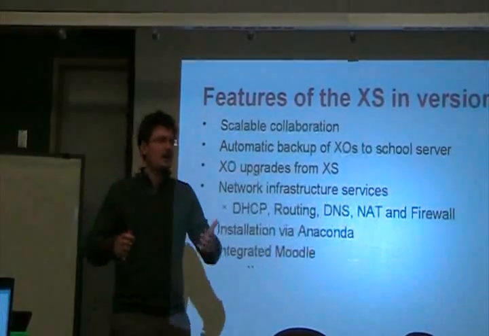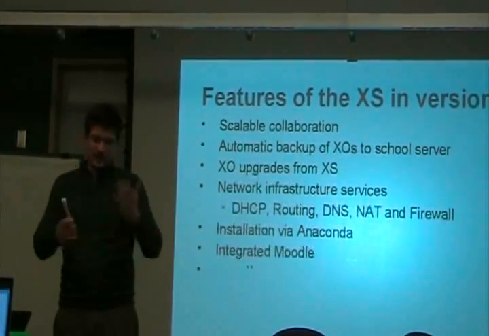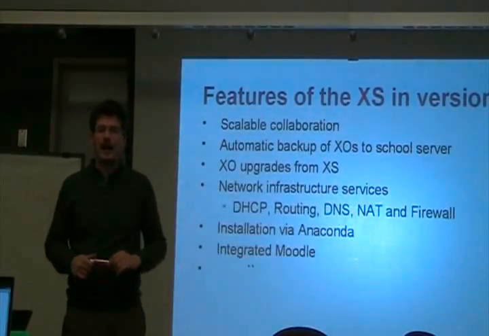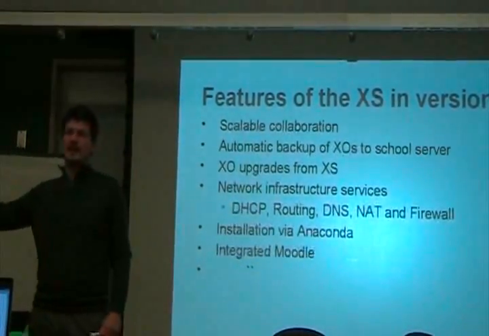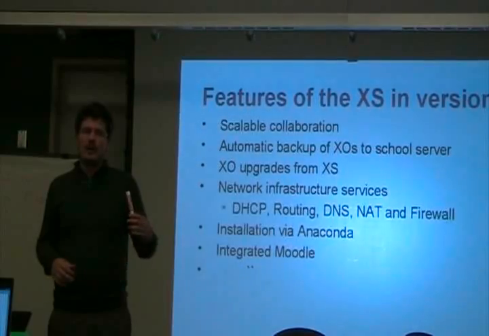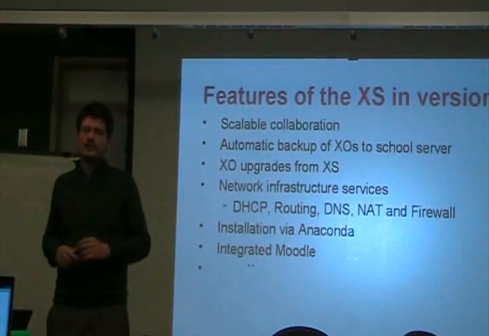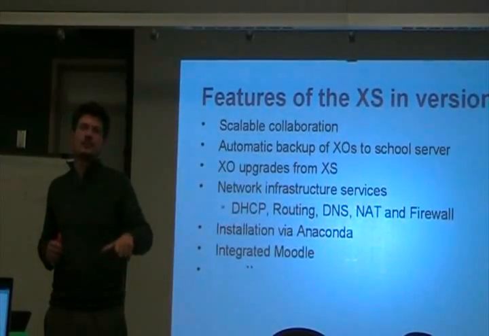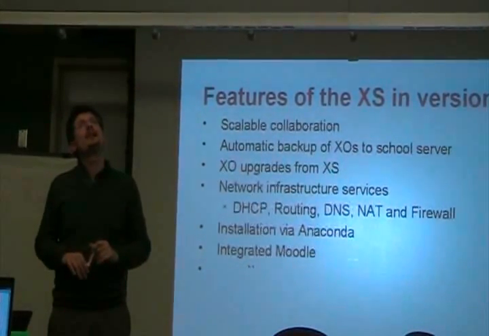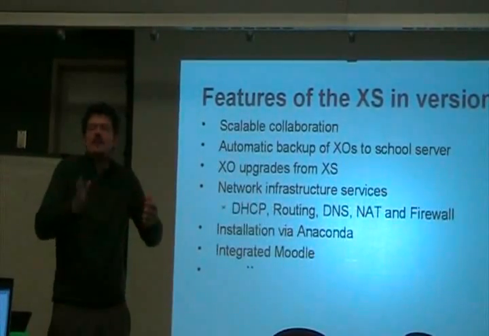So, for example, right now, if we're trying to do an activity update, and that's a little bit what Scott was saying, the activity updater or the operating system updater will try either wiki.laptop.org or updates.laptop.org, updater.laptop.org. And it would be far better if we had a lightweight, network-cheap way of attempting it locally against the school server. And in that sense, it's probably a good idea to try and see if we can get a notion of: is a school server in sight? Are we near a school server?